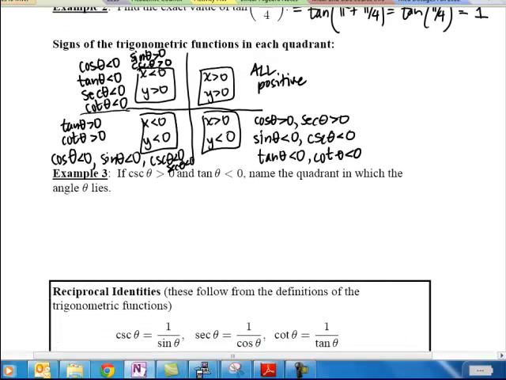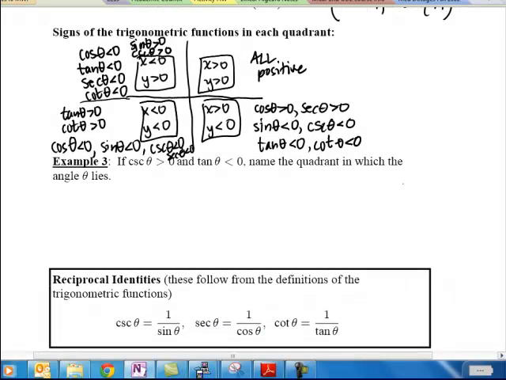So if we're given the signs for 2 of the functions, like we are here, we can figure out where the angle theta is located. So cosecant of theta, that's 1 over the y-coordinate, is positive. That means the y-coordinate is positive. Tangent is negative. That means that y to x is negative.